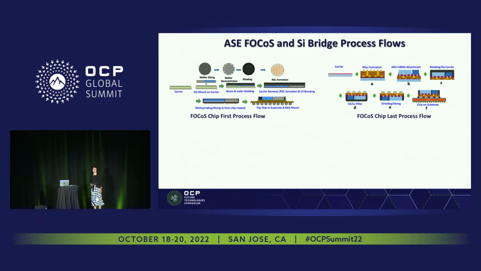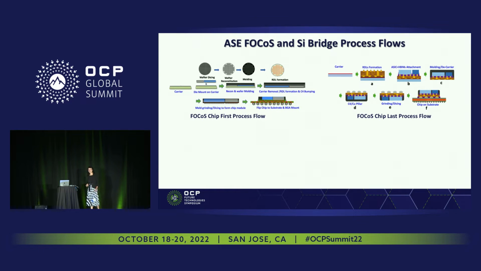As a contrast, chip last means we do the RDL on the carrier first. After you complete the RDL, you do the bumping, and you put your chiplets on the RDL. After that, you do dicing and singulation, and you become the fan-out module, and you put it on the substrate by the conventional flip chip process.